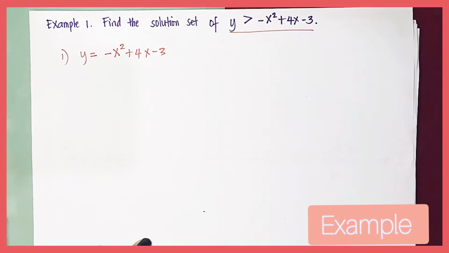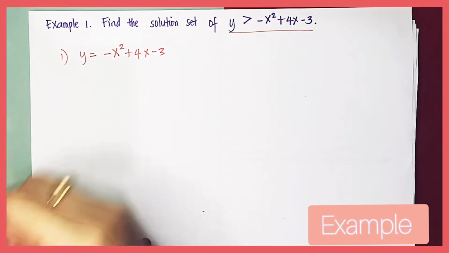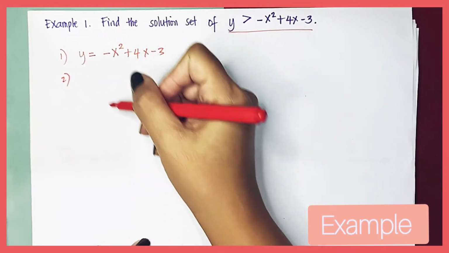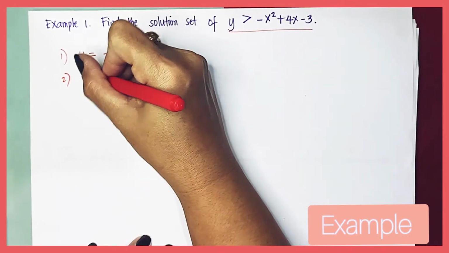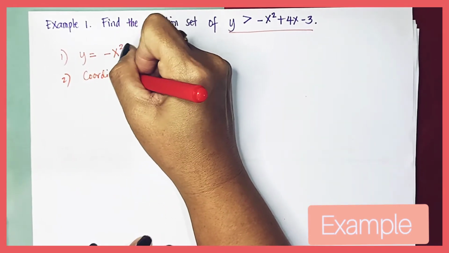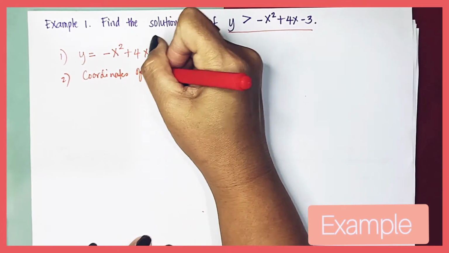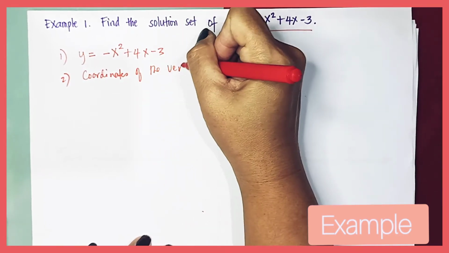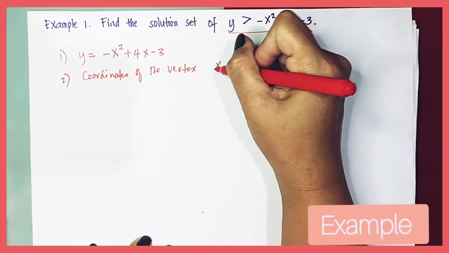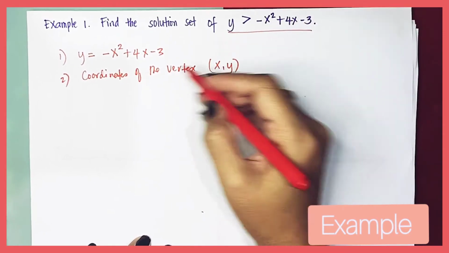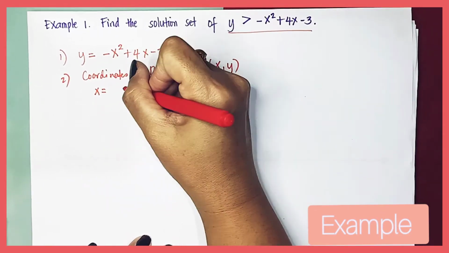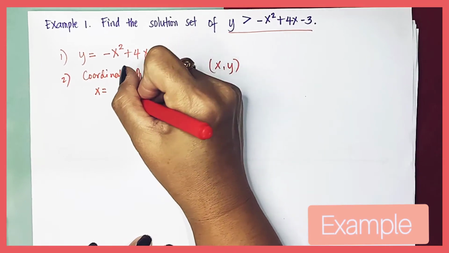Step number 2, find the vertex of the parabola. To find the vertex of the parabola, we will use this particular formula. Coordinates of the vertex, that is x and y. To find x, we use the formula negative b over 2a.